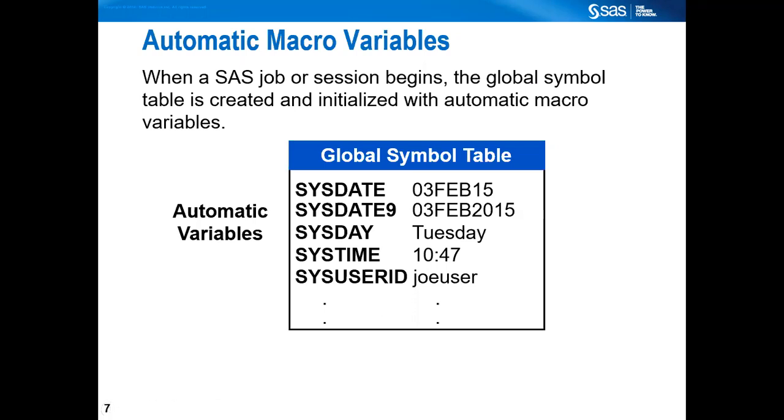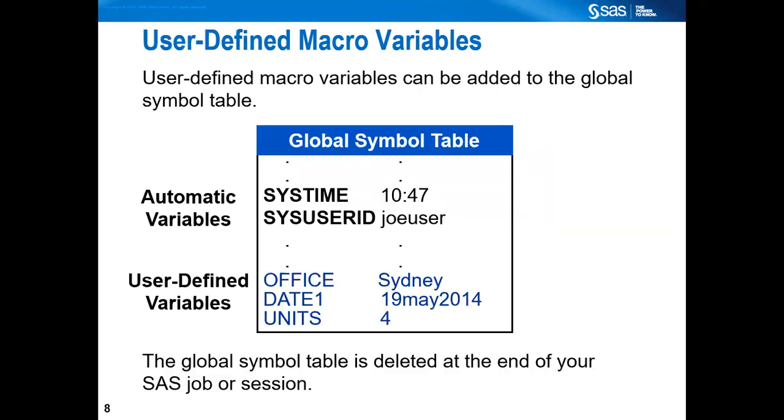So all this information is saved into the global symbol table, and these are termed automatic macro variables. Why automatic? Because they are defined by SAS and they are always available whenever you start your session. They save the information of your system.